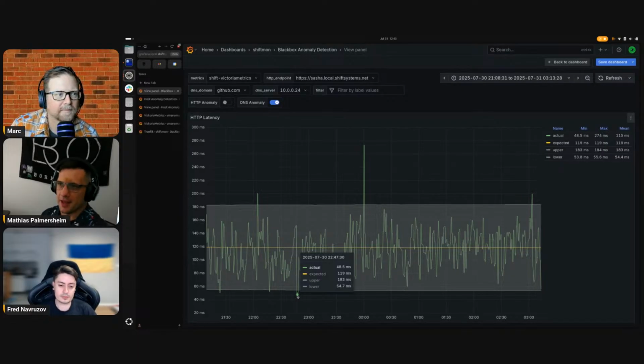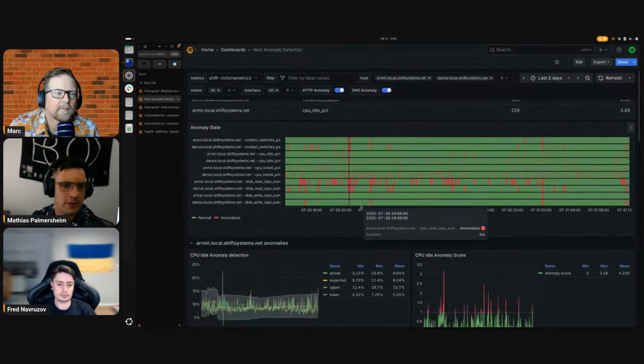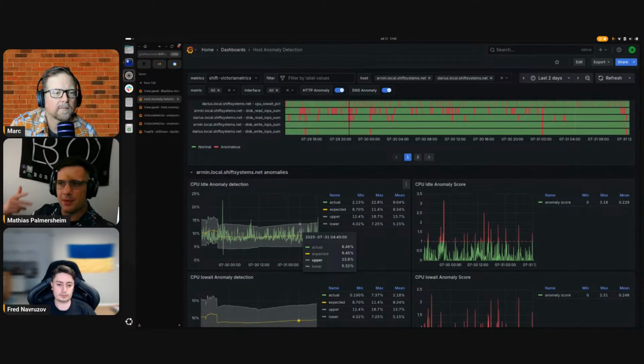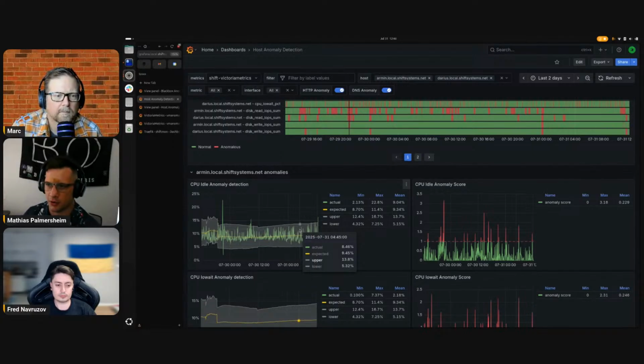And we actually have an example of that on the same time series for HTTP latency. We have dips that would fall below, but because we only care about the application becoming slow, we just have detection direction set to positive. And you could also clamp the expected values too, right? Because there are some things like host metrics where we know the CPU usage will always be between 0 and 100%, or 0 and 1 if you're using node exporter, right?